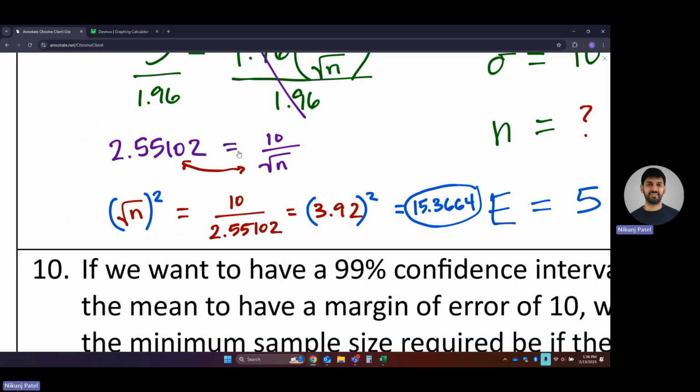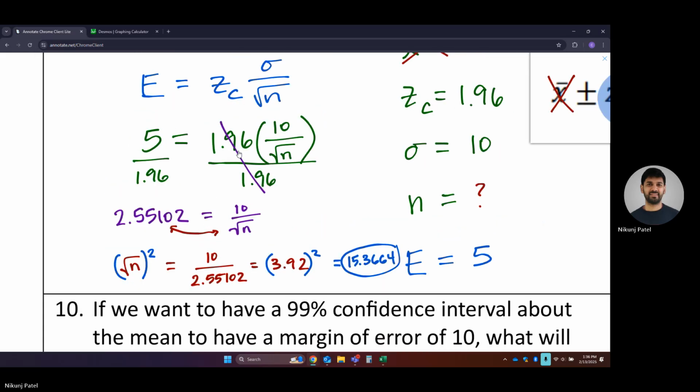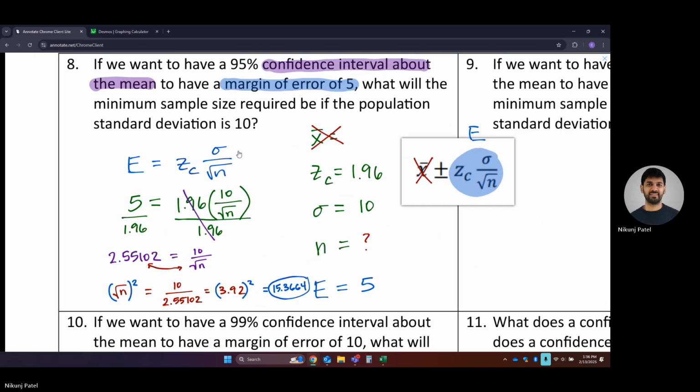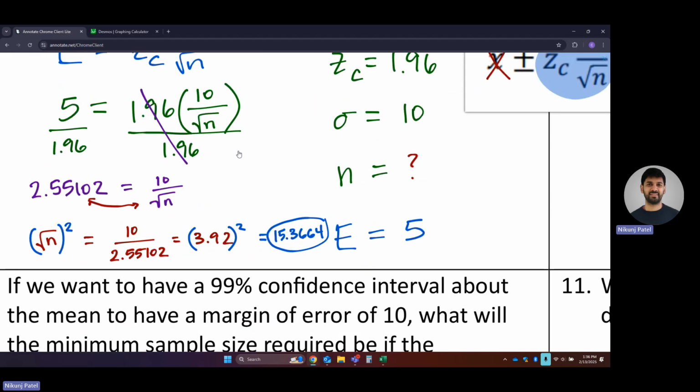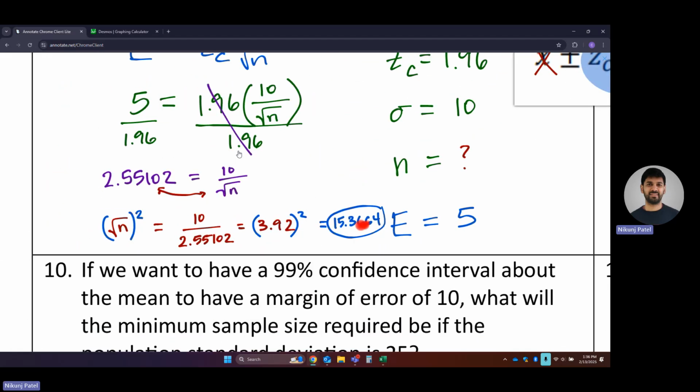Okay, so for number 8, these are the steps that you would take to determine the minimum sample size required. So what's the sample size that you would need is a 15. Now on the final exam, you're going to only have whole numbers as your answers. And so for this type of a question, let me erase that.